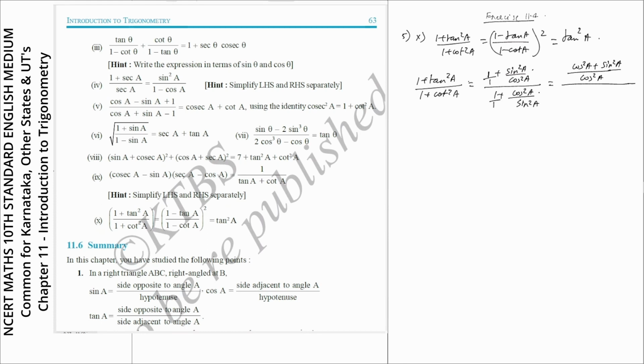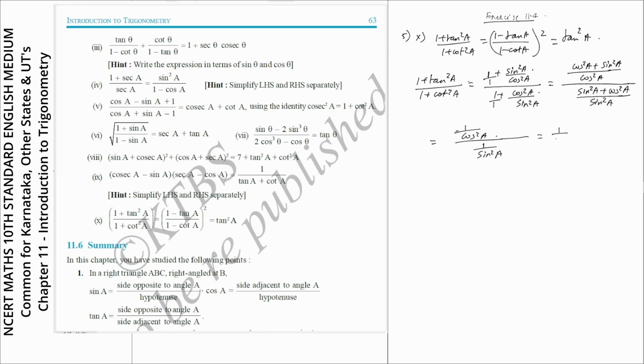LCM of 1 and sin square A is sin square A. So I'll get in the numerator sin square A plus cos square A. We know that sin square A plus cos square A is equal to 1. So I'll get 1 by cos square A divided by 1 by sin square A.